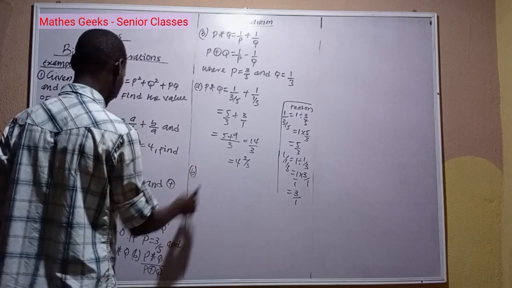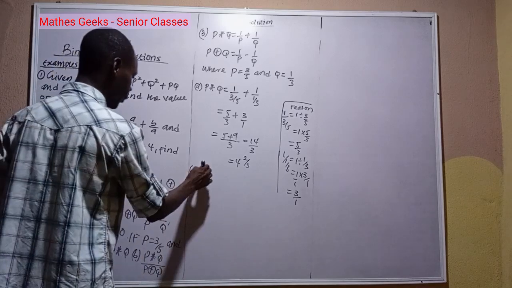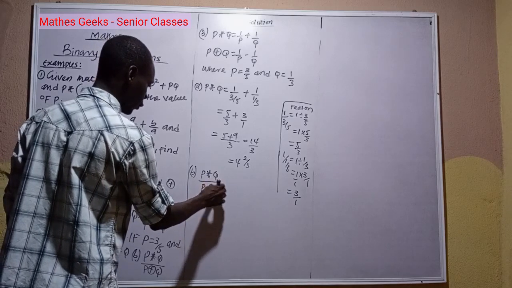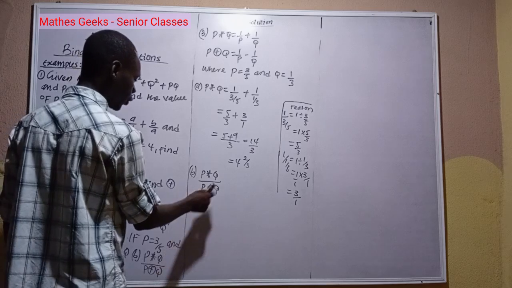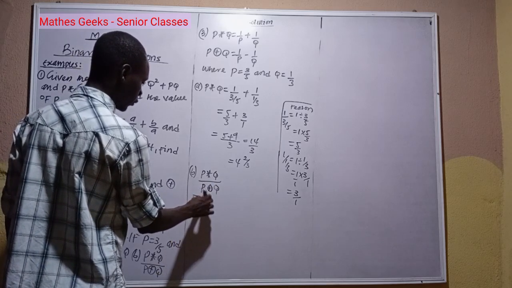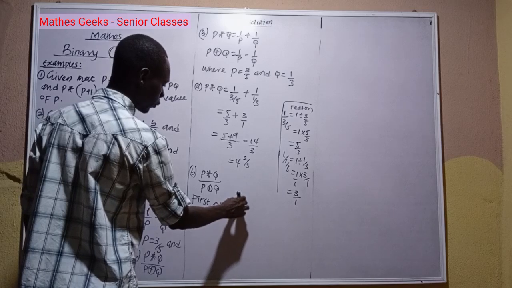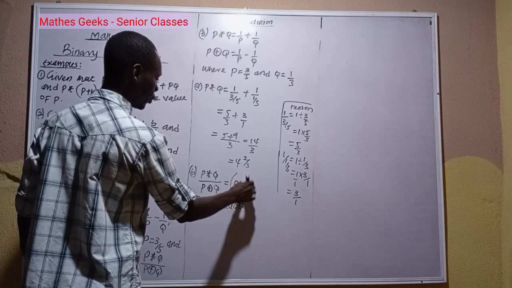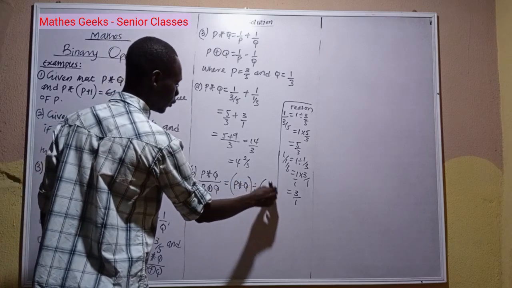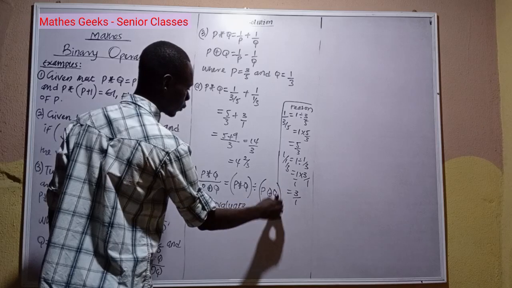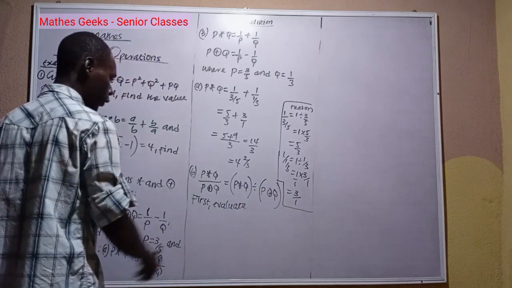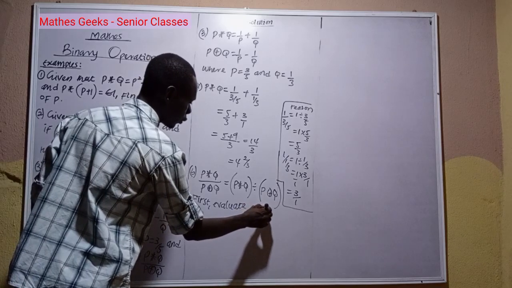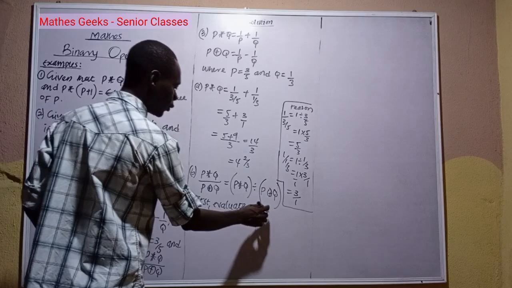And then B: P star Q divided by P O plus Q. So first, let's evaluate P O plus Q. Why do we need to evaluate only P O plus Q first?